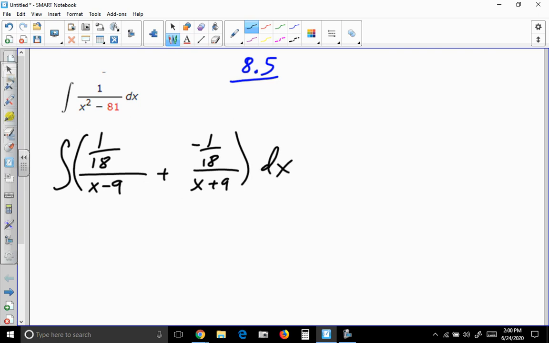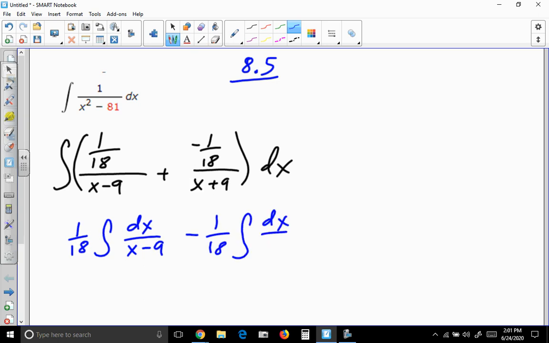Of course, we wouldn't leave it as a complex fraction like this, but the reason I did that is we can pull the 1 over 18 out front, and say that's times the integral of dx over x minus 9, and then we can pull the other 1 over 18 out front and say that's times the integral of dx over x plus 9. So we just pulled our constant out front.